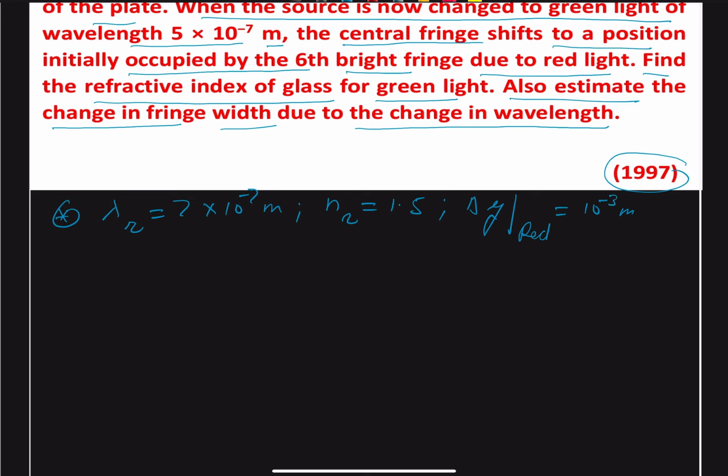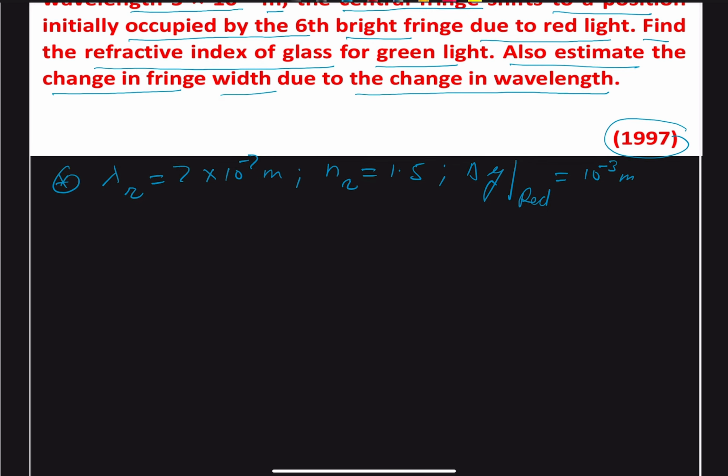And the order of shifted fringe for red light is also given. So we can say our m_R is also given, that is 5. And we are given the wavelength for green light, lambda G, that is 5 into 10 to the power minus 7. And the order of shift for green light, m_G, is also given as 6.